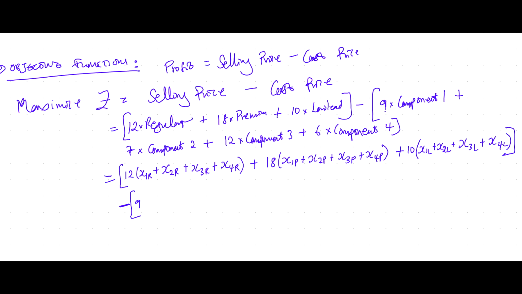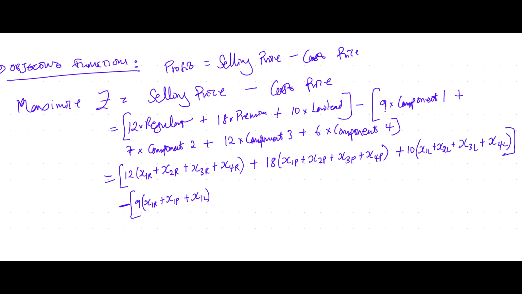So it means that 9 times x1 in regular plus x1 in premium plus x1 in low lead, right? So component 1 is found in all the various grades, the 3 grades.